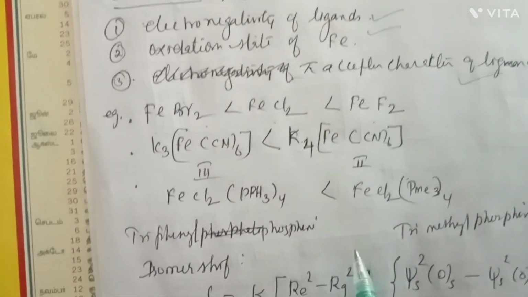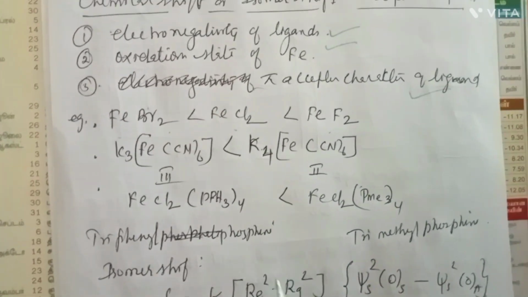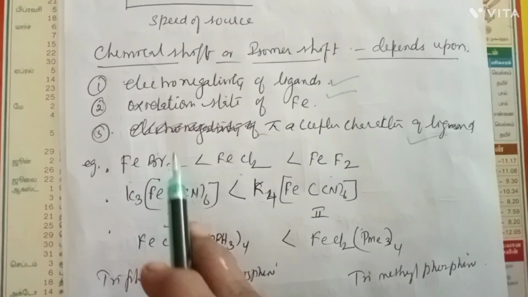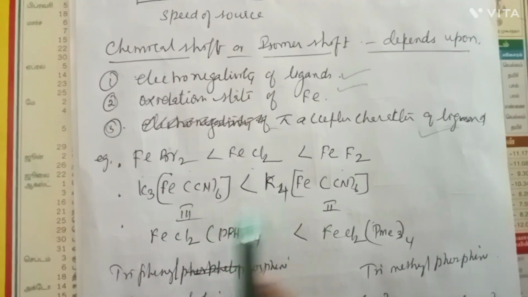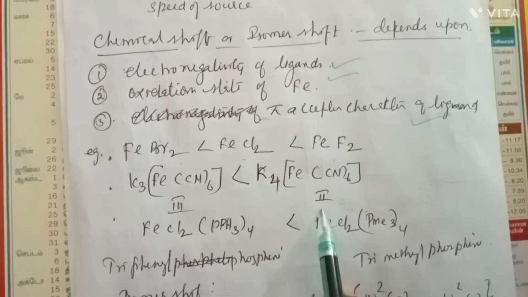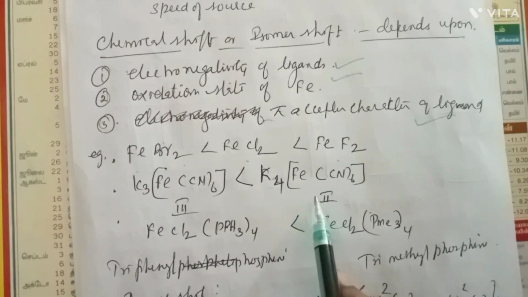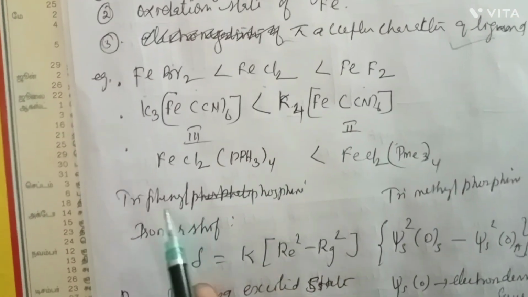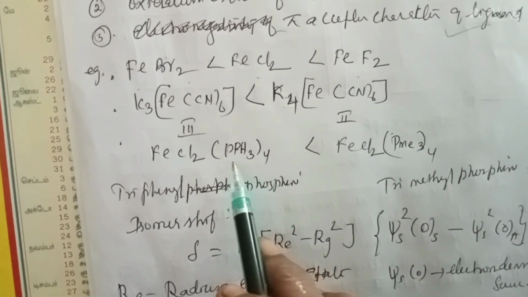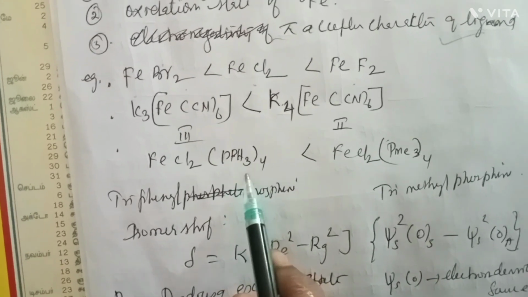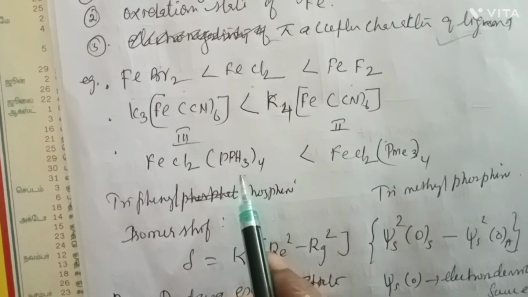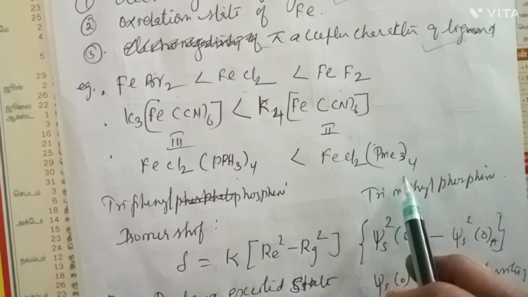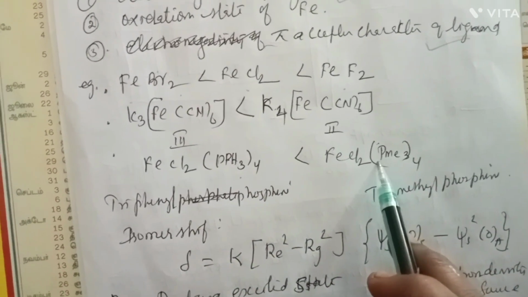Chemical shift, that is isomer shift. The definition is already discussed, but it depends upon 3 factors: electronegativity of ligands, oxidation state, and pi acceptor character. So electronegativity of fluorine is greater. So the greater the electronegativity, the greater the isomer shift. And the greater the oxidation state of the metal, the lesser the chemical shift or isomer shift.